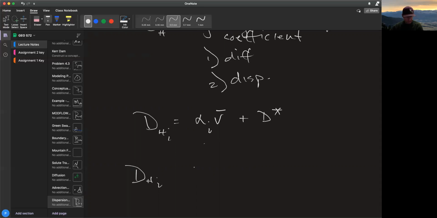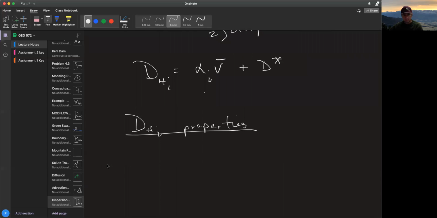In general, alpha V bar is much bigger than D star for most systems where groundwater velocity is much greater than 0.